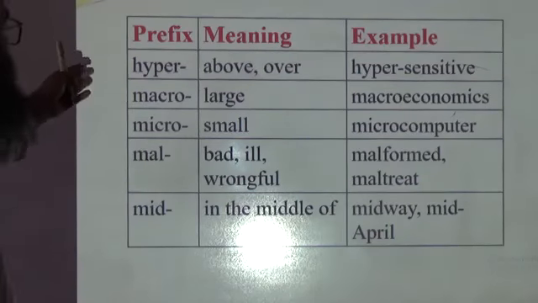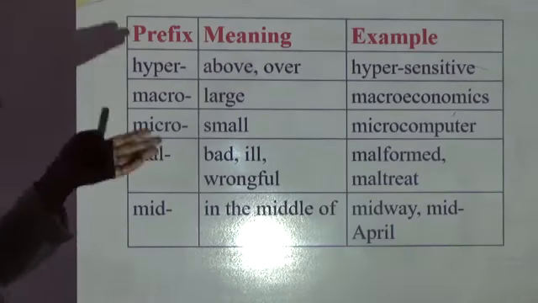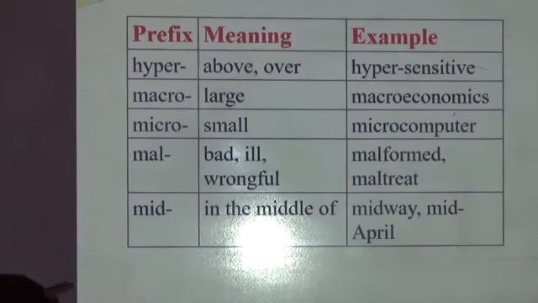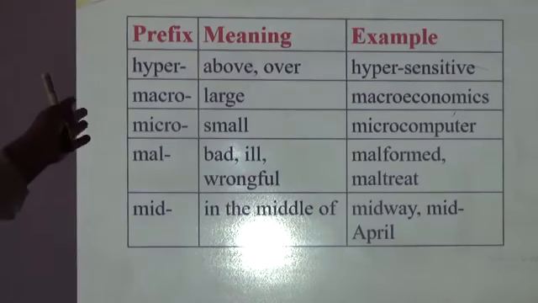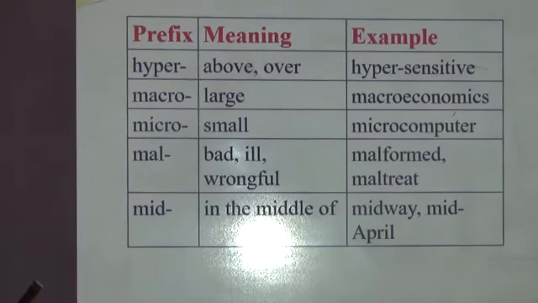Macro, that means large. Macroeconomics, large economics, vast economics. Micro, that means small. Microcomputer, that means small computer. Mal, bad, ill, wrongful. Malformed, that means that is not formed correctly, wrongly formed.